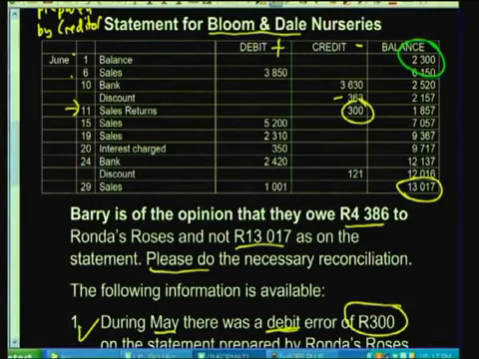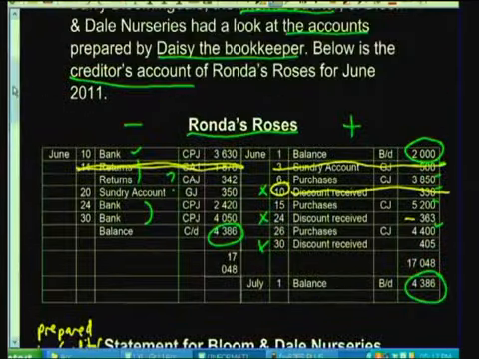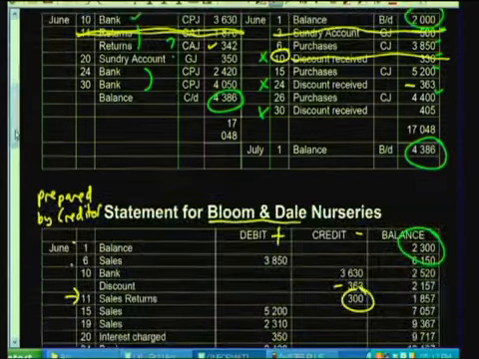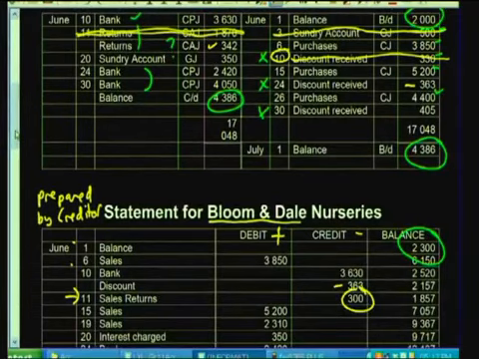It tells us that it should be for 342 Rand. If you look at what happened in our statement from the creditor, it says that we returned for 300, but if you compare it to our books, it says 342. So the question tells us that our books are actually right. This 342 is the right answer, the 300 is the wrong answer.